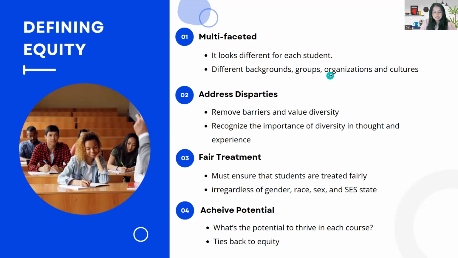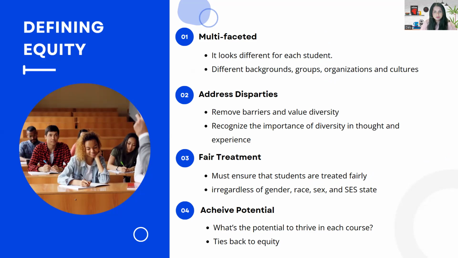We need to recognize that students do have varying experiences throughout all levels, and that is something that relates and ties very closely to equity. Also, fair treatment. So we must ensure that students are treated fairly. So regardless of gender, race, sex, socioeconomic state, we need to ensure that students have fair treatment throughout the duration of their course.